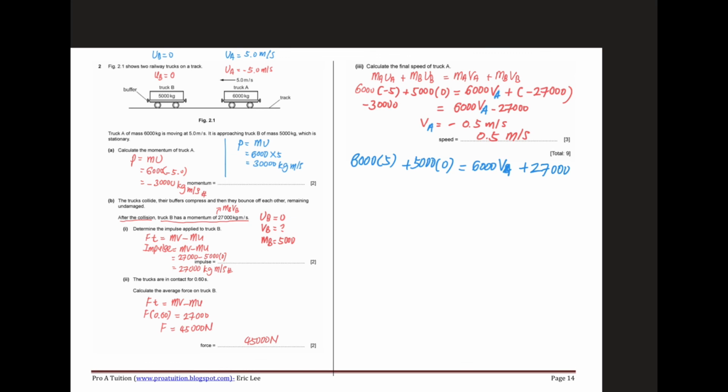Plus 27,000. So if you follow the blue color way, everything seems like no problem at all. So you get 30,000 minus 27,000, 3,000, equals 6,000 VA, equal to 0.5. So then it will be like that. Okay. So we settled this already.